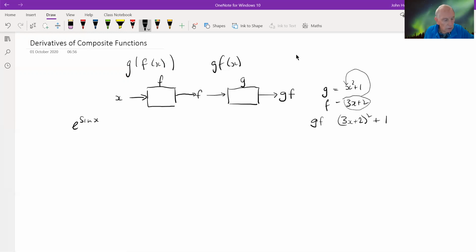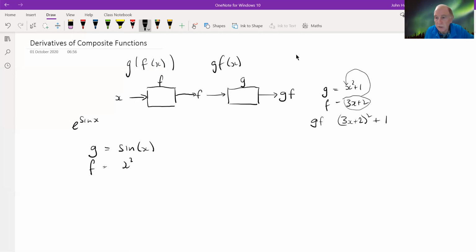Okay, so let's look at one example of this. Let's think of the example where, for instance, g, we'll do it the other way around. I think I'll have g equals sine of x, and f is equal to x squared.